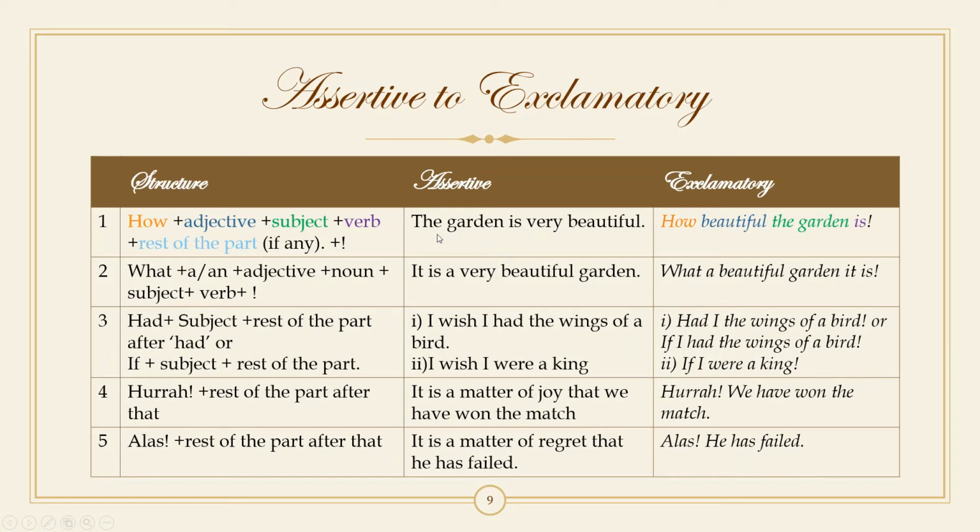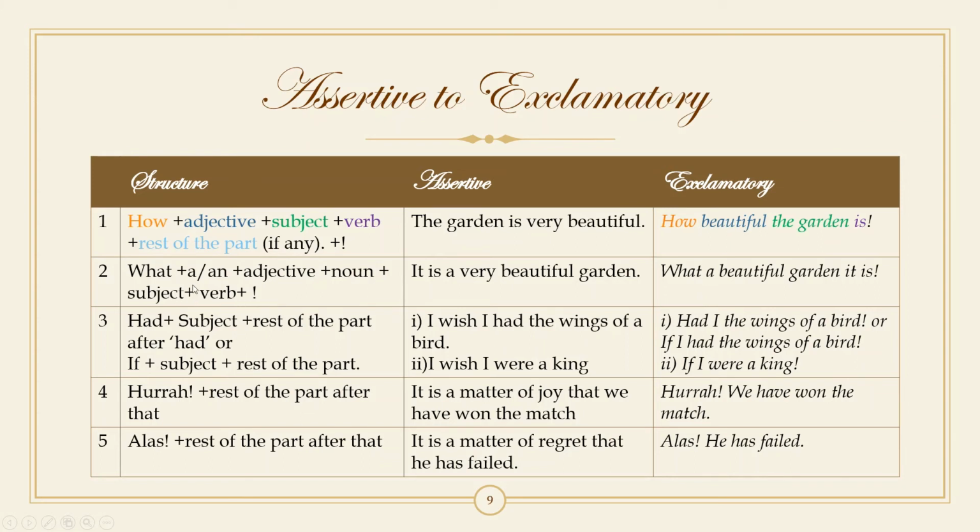Because the first example does not contain a, but the second example contains a. So we'll use the how plus adjective plus subject plus verb structure if the sentence does not have a. If the assertive sentence has a or an, then we will use what instead of how.